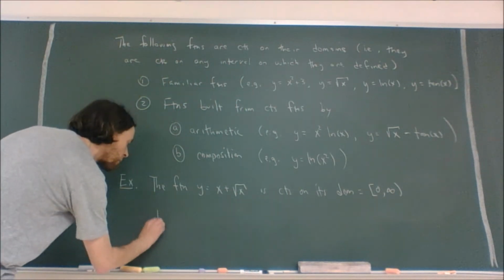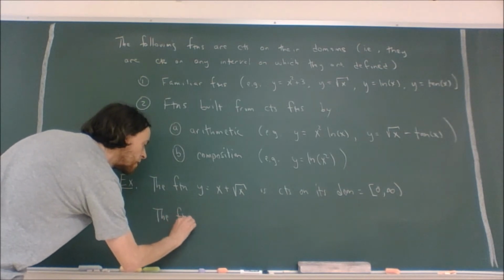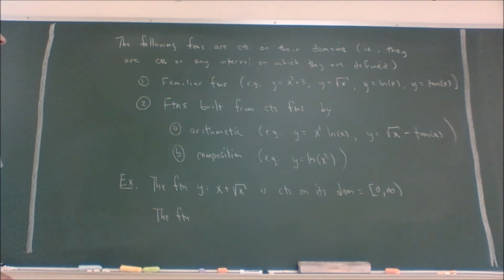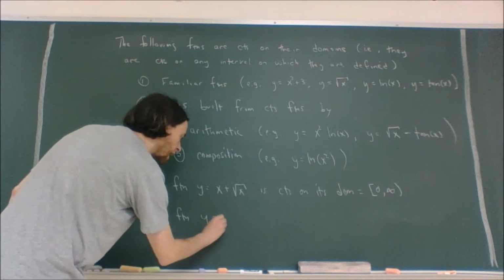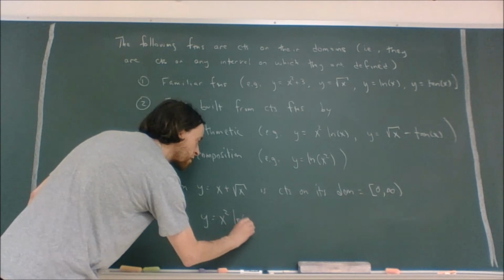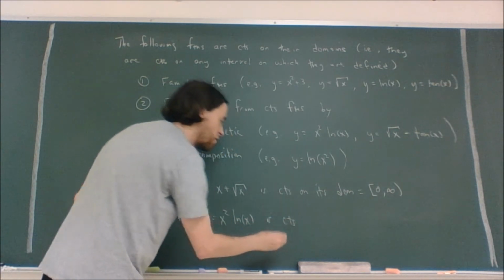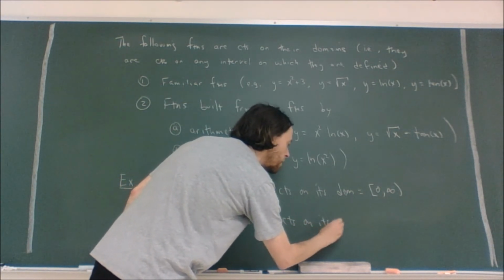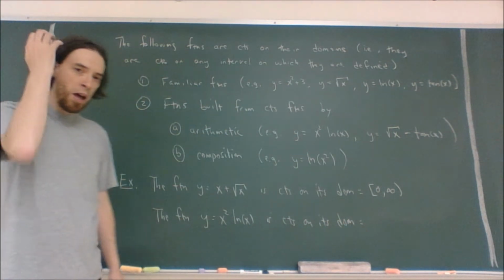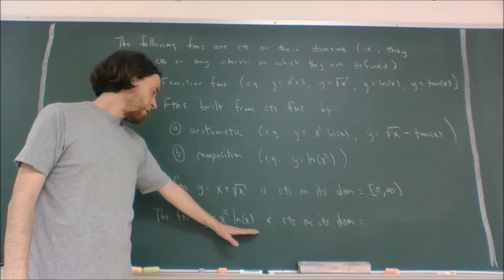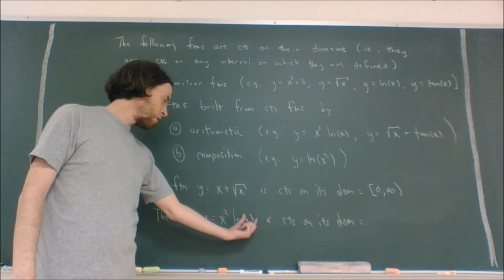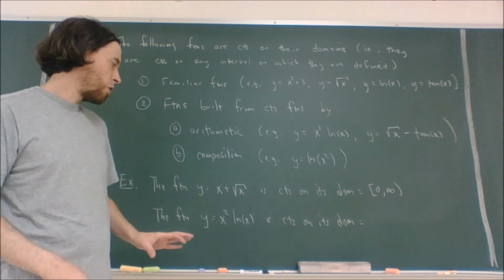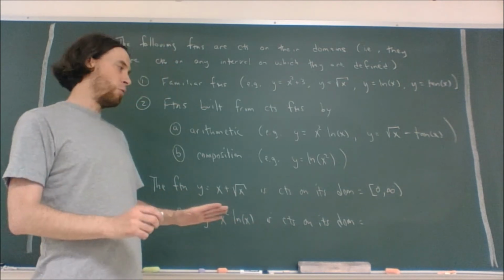Let's do another one. The function, let's see, how about y equals, let's take this one actually, x squared times ln of x is continuous on its domain, which is equal to everything from, let's see, so we can plug anything into x squared, but remember you can only take natural logarithms of numbers that are bigger than 0.